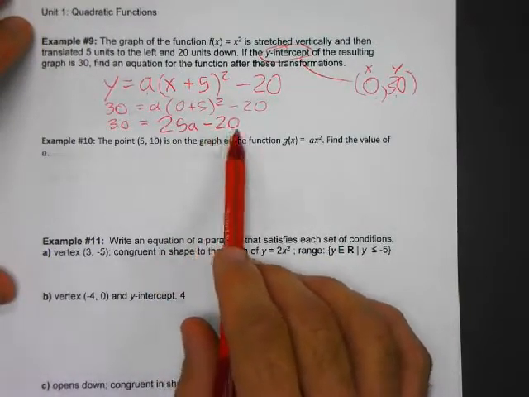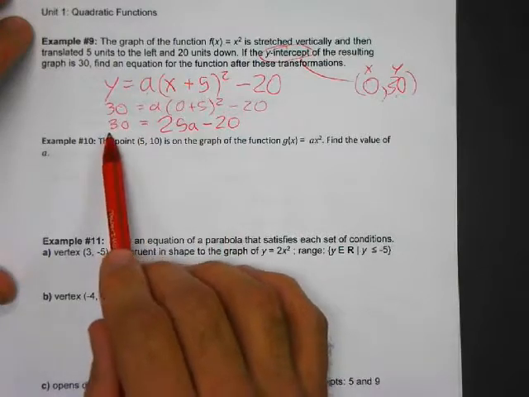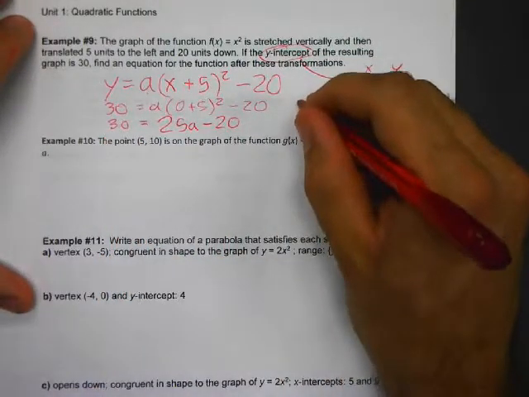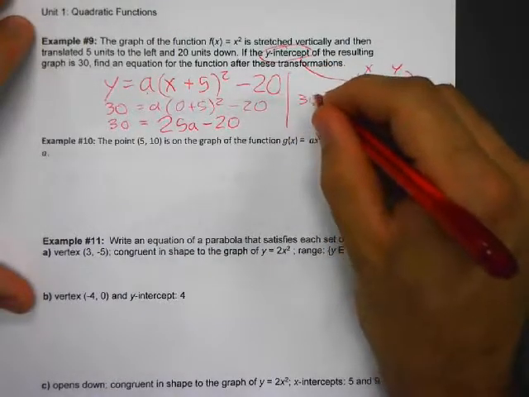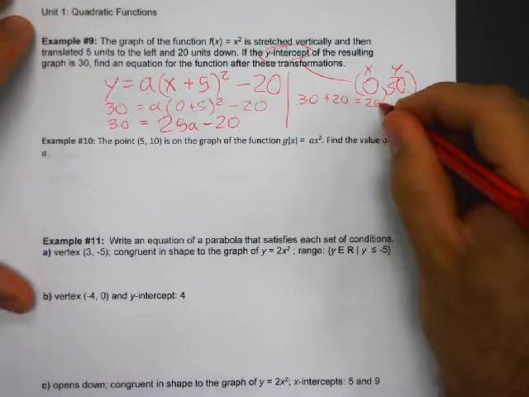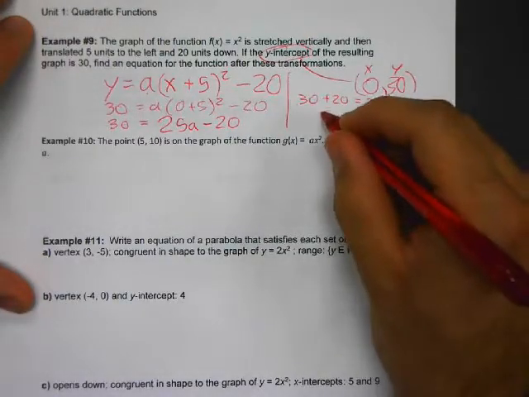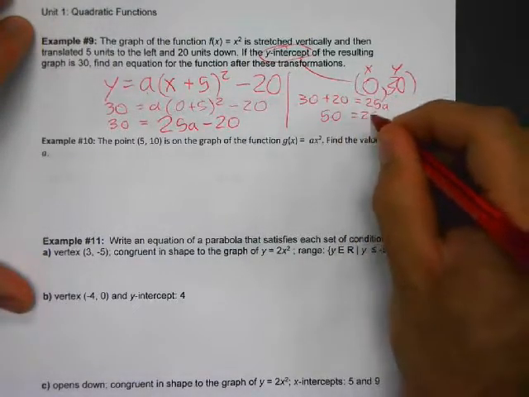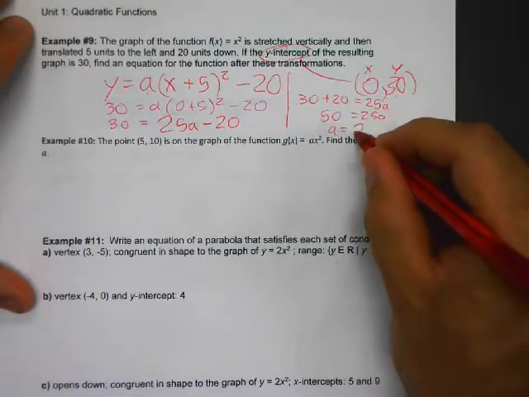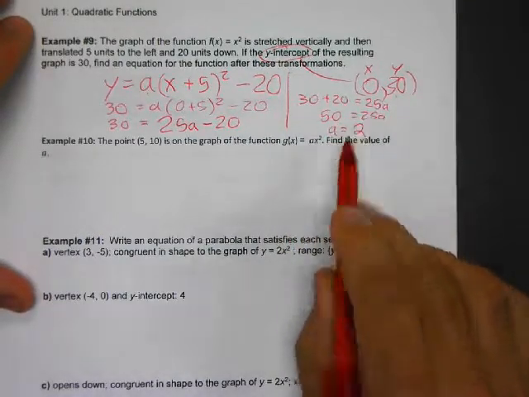We move the -20 to the other side. So we get 30 plus 20 equals 25a. And then we get 50 equals 25a. And then we get a is equal to 2, because 50 divided by 25 is 2.